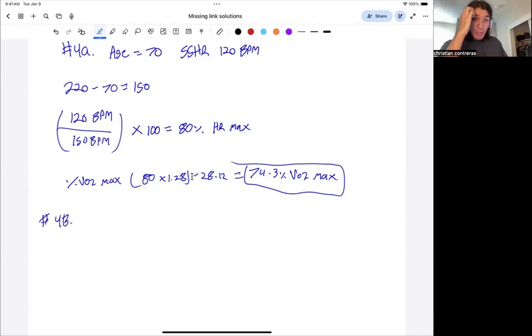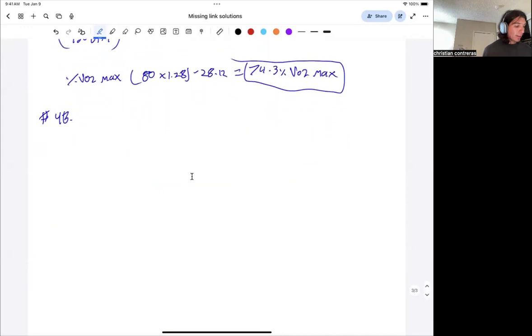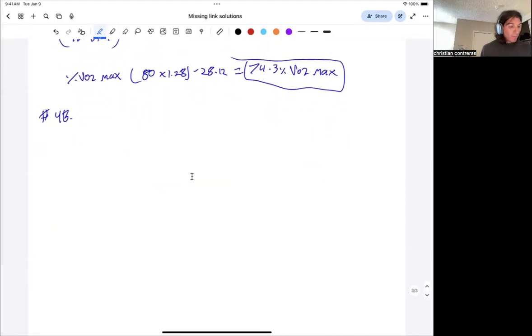Okay, 4B. If he's working at 3 mets during his walk, what is the estimated relative VO2? Okay, a little bit of a tricky one, but I'll show you how we'll solve it. So we know this is the percentage of his VO2 max he was working at described in this problem. And now we're given the work rate that corresponds with that percentage of VO2. So we know that 3 mets is equal to 74.3% of VO2 max.